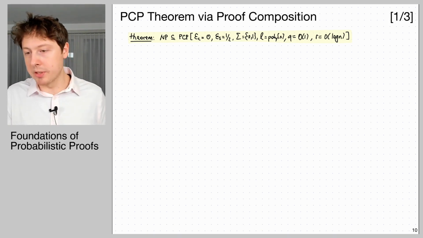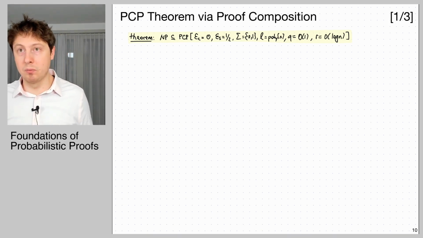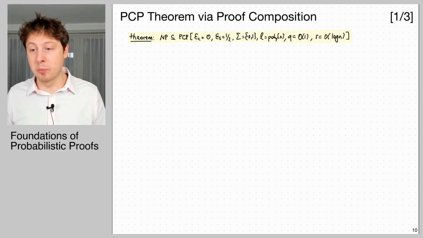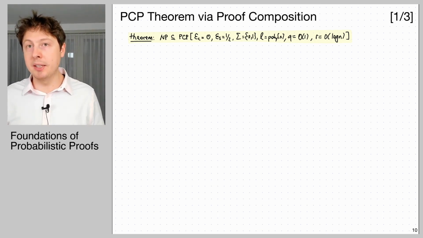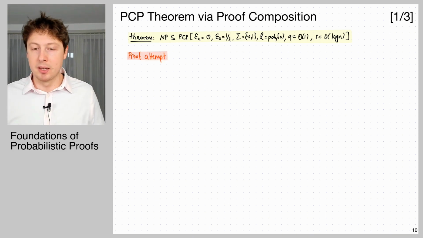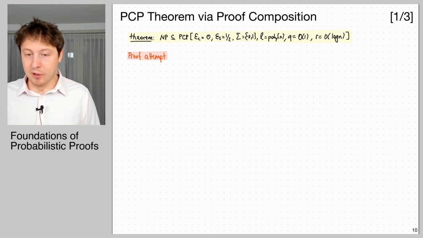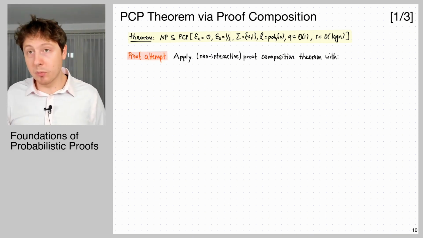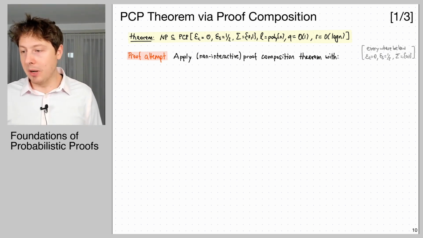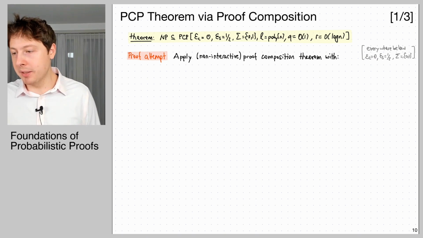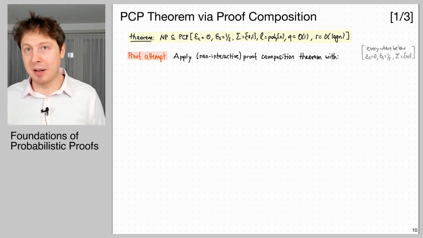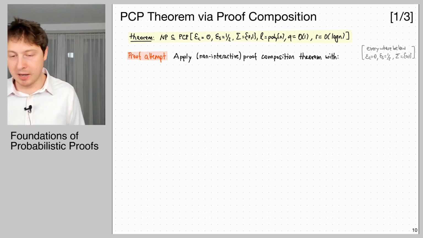Again, just as I explained two lectures ago when we started talking about proof composition, this is putting together the best of both of the PCPs that we constructed. Now here's the proof attempt first. One idea would be to apply the proof composition theorem, and I'll fix perfect completeness, soundness error half, and the same alphabet from now on.